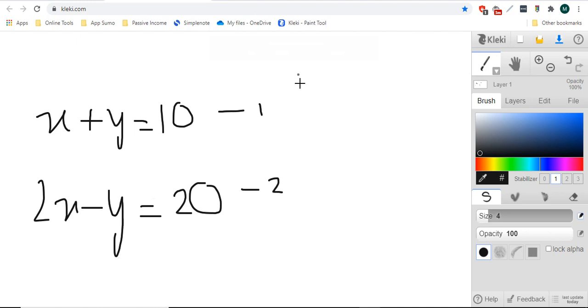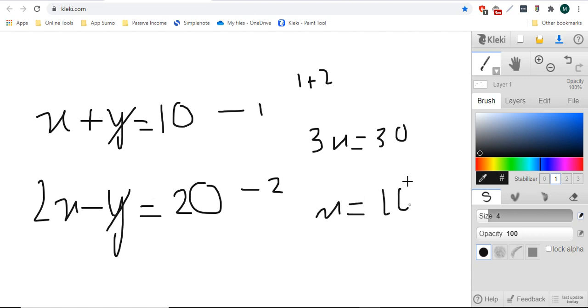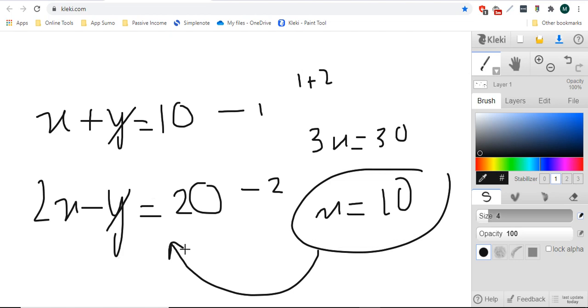If you add 1 and 2, y will cancel out, so I have 3x, which is equal to 30, and hence I have x is equal to 10. So once I have x is equal to 10, I can put it in either equation to find out y. So this is easy. This can be done manually also with the help of pen and paper.